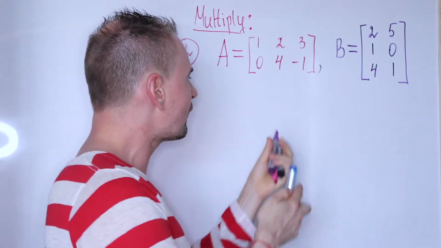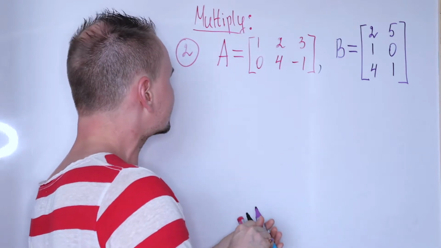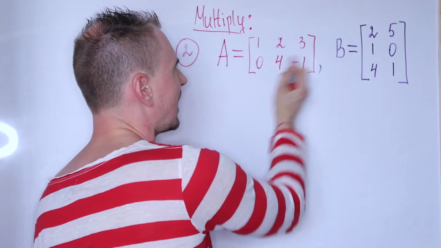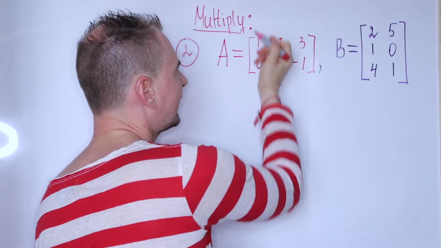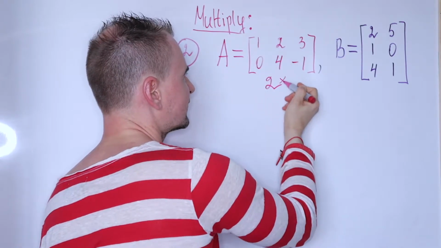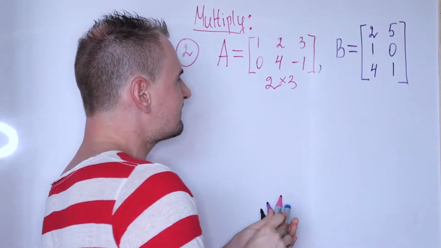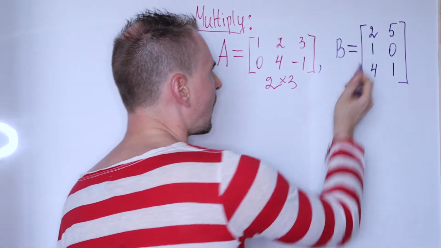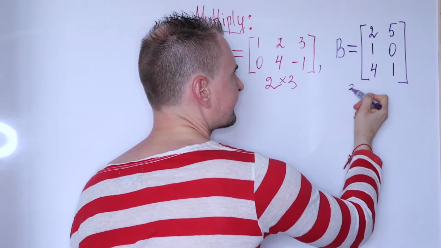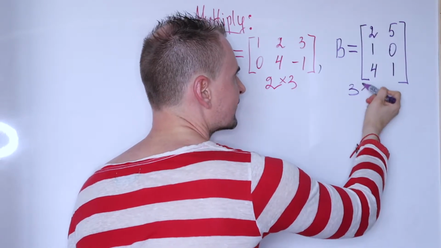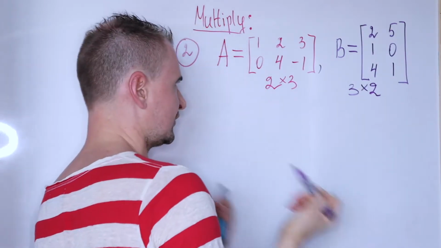So the size of matrix A is, you have 2 rows, 1, 2, and you have 3 columns, 1, 2, 3. So the size is 2 by 3. Now, for matrix B, we have 3 rows, 1, 2, 3, and we have 2 columns, so the size is 3 by 2.